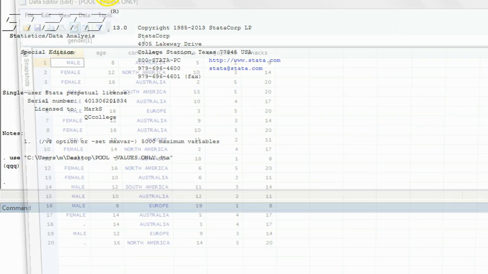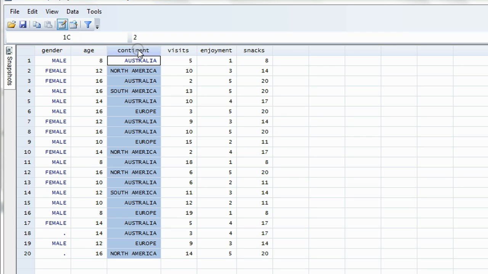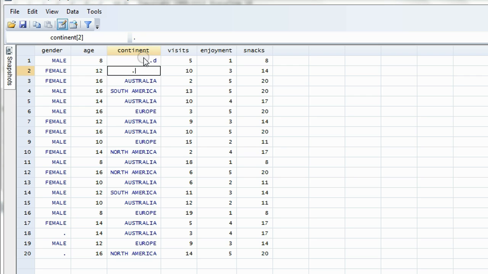Let's open up this data set and let's take the variable continent. Now, let's do this. Let's make the first three .d, .d, .d. Let's say 3 people did not know what continent they were from when asked as a result of our educational system.